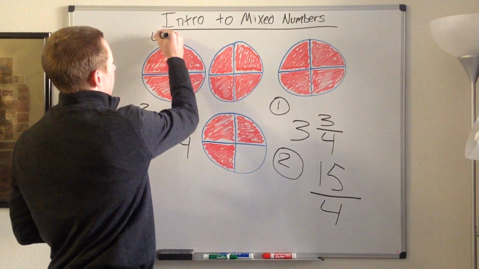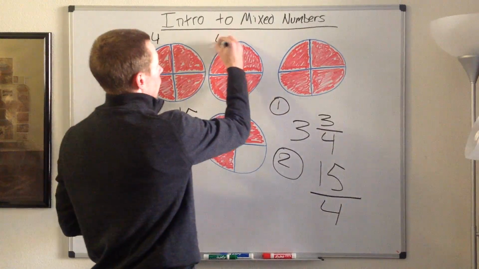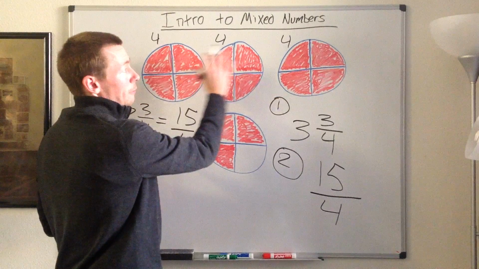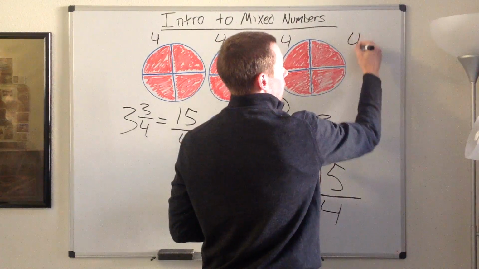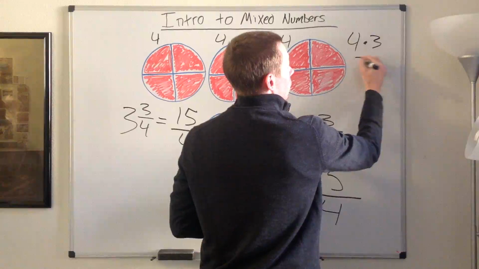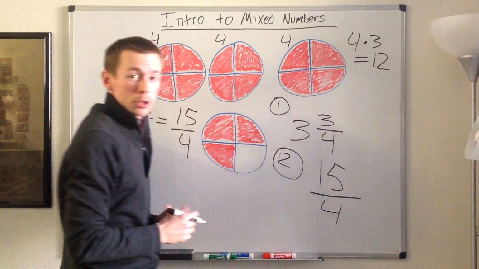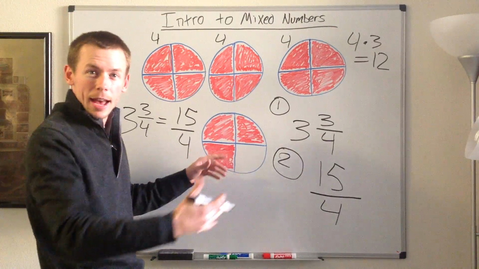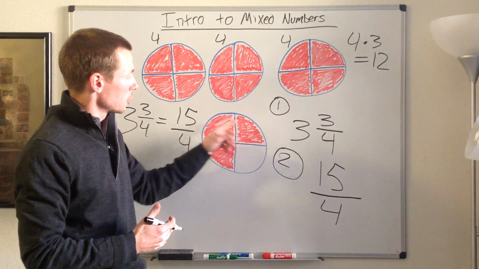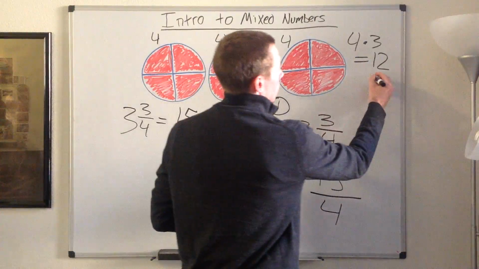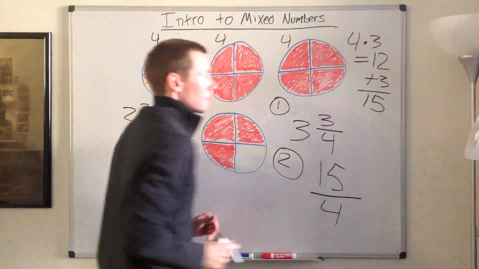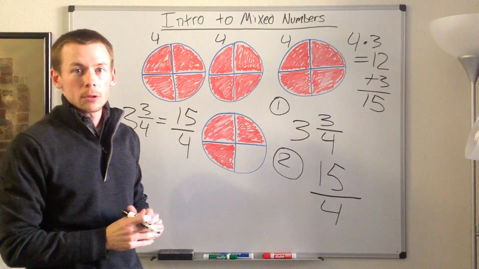Well, we get 4 here, 4 here, and 4 here, and we have 3 of those, so we get 4 times 3 equals 12. And then down here, we tack on 3 more at the end. So 13, 14, and 15. So 12 plus the additional 3 equals 15.